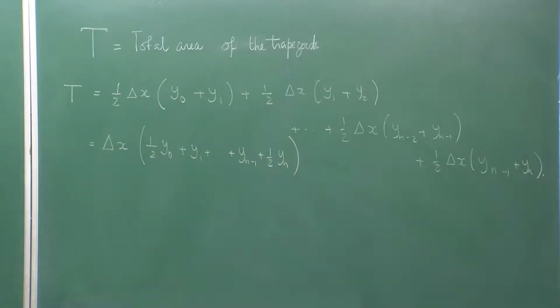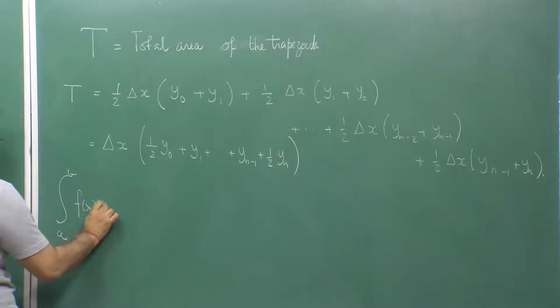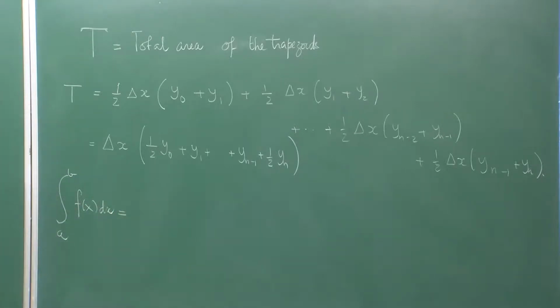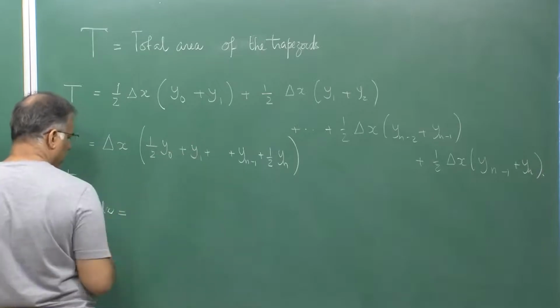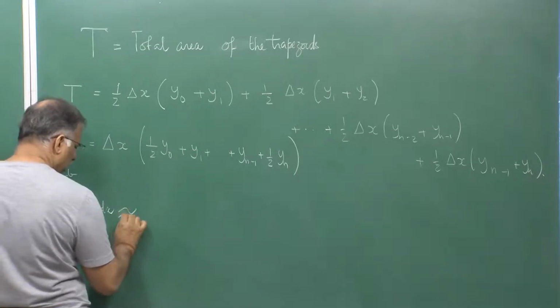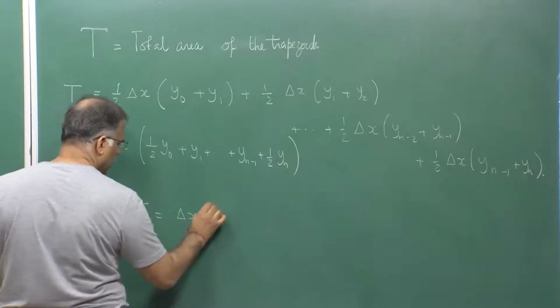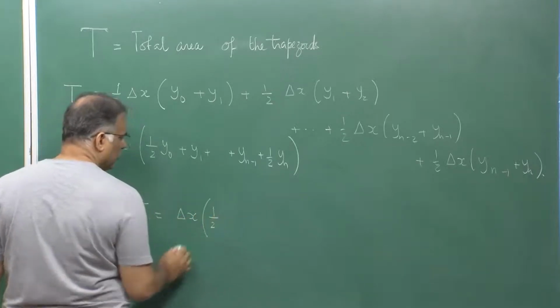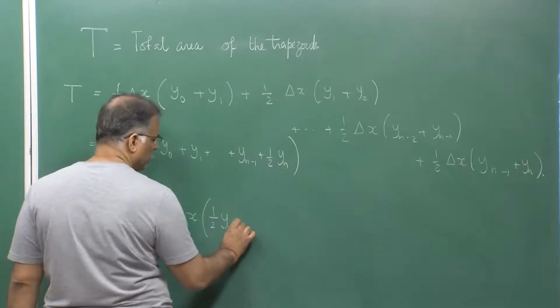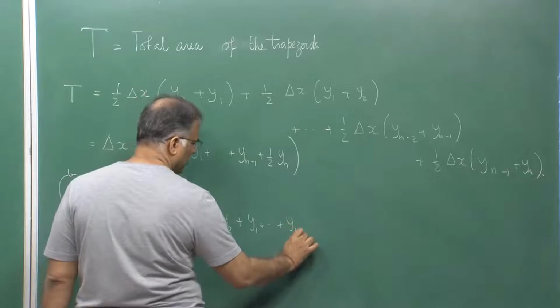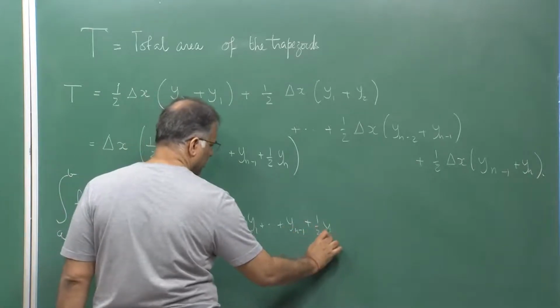It is a neat formula. So, this is the trapezoidal rule: this integral from a to b of f(x) dx, which is very easy to implement, is approximately given by T, which is nothing but delta x into half of y0 plus y1 plus up to yn minus 1 plus half of yn.